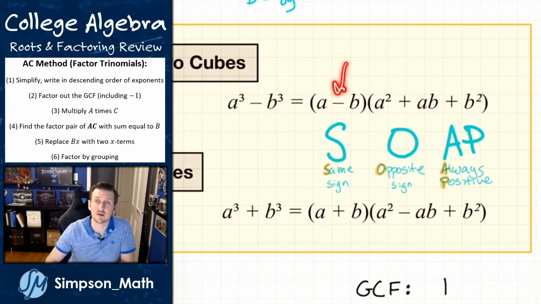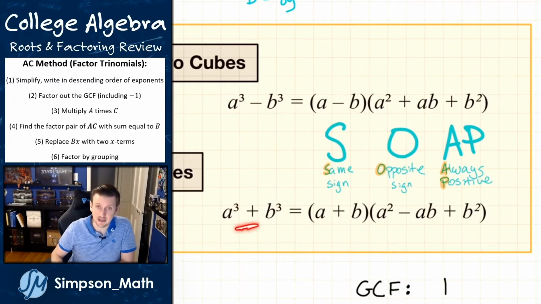There are 3 additions or subtractions that we come across. The first is going to be the same as your difference or sum. The second is going to be opposite. So notice this is minus, now it's plus. And then the third one is, well, you guessed it, always positive, so it's a plus.